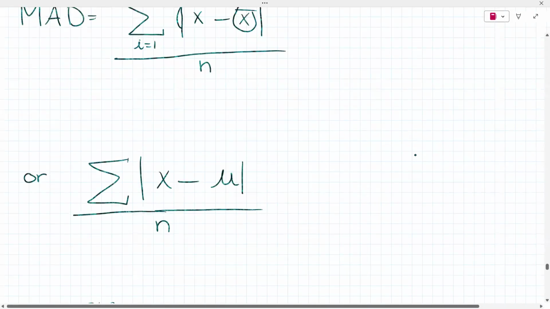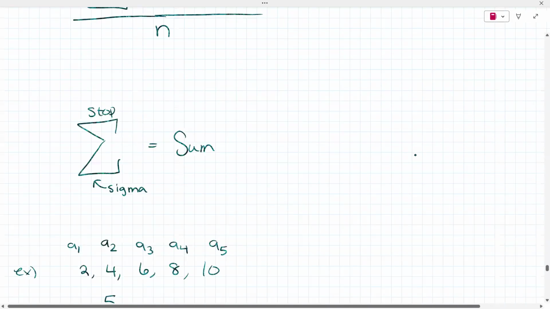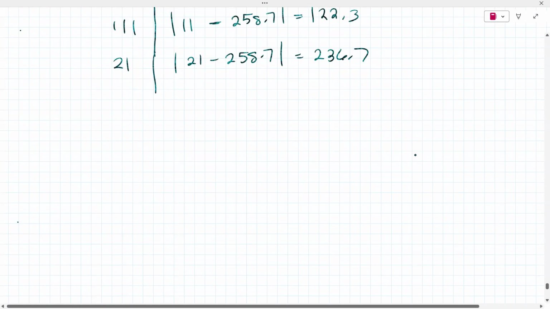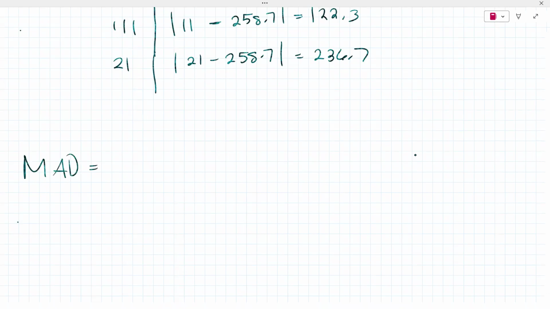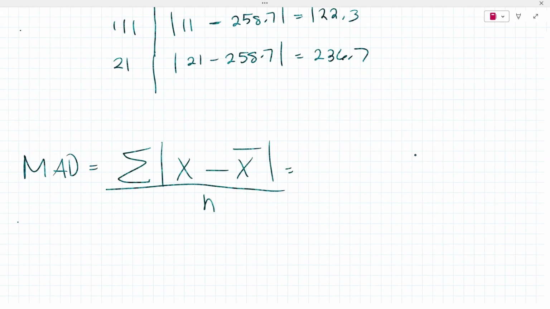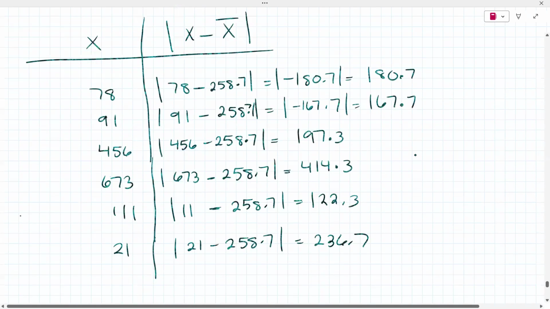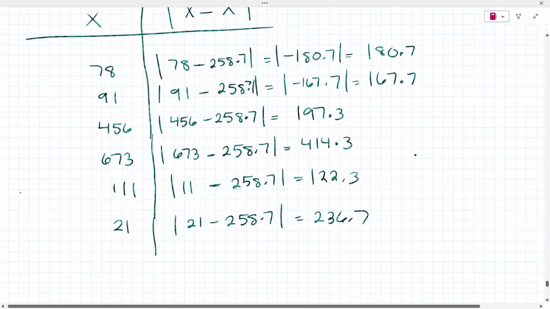Okay, so if they were asking to find the mean absolute deviation, you just put it in the formula. You could use this, or you could use this. So it's going to be MAD. Basically, you add up all these numbers and divide by the total numbers, which is 7.